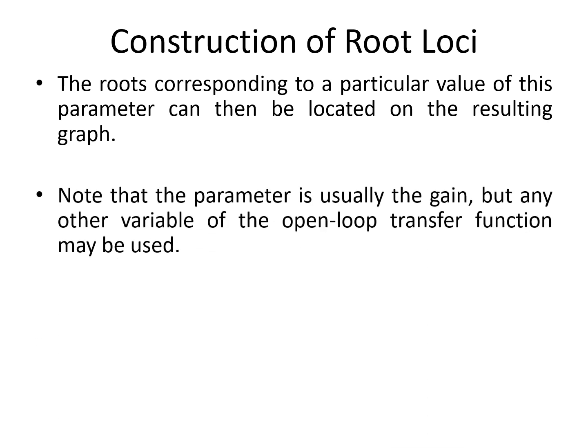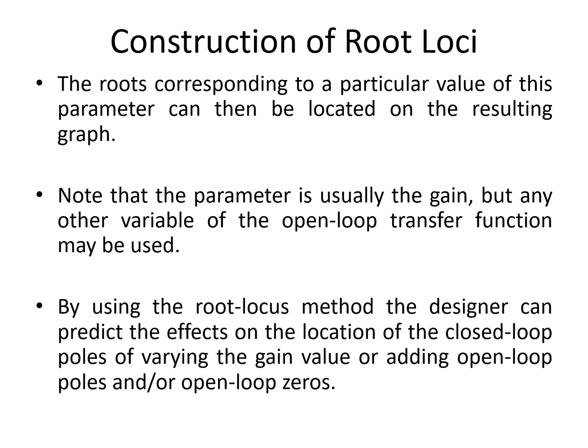Note that the parameter is usually considered as gain, but any other variable of the open loop transfer function can also be used for construction of the root locus. By using the root locus method, the designer can predict the effects on the root locus of the closed loop poles by varying the gain value or by adding open loop poles or open loop zeros.